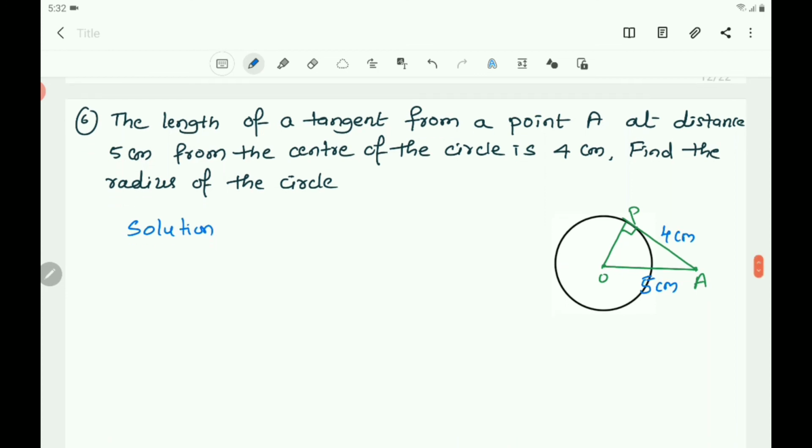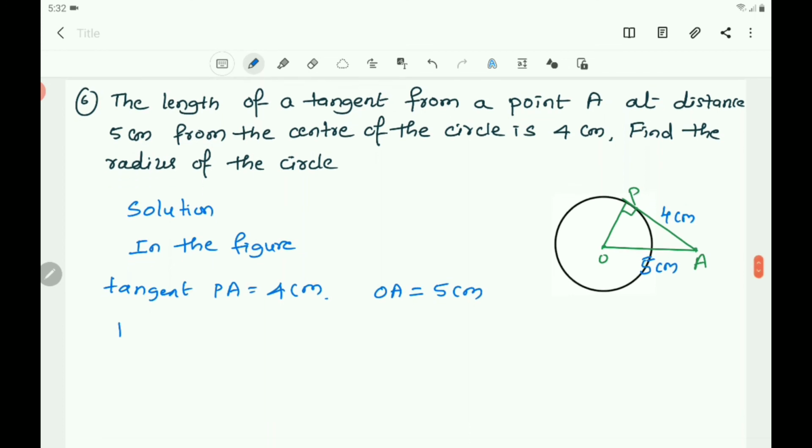What is given here? In the figure, PA, that is the tangent, equals 4 centimeter, and the distance of the point A from the center, OA, equals 5 centimeter.